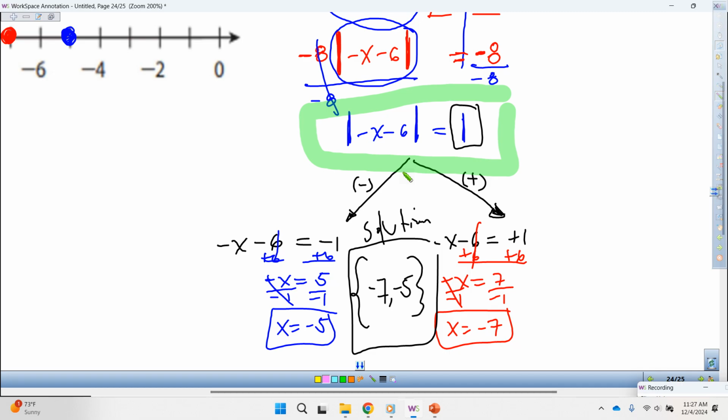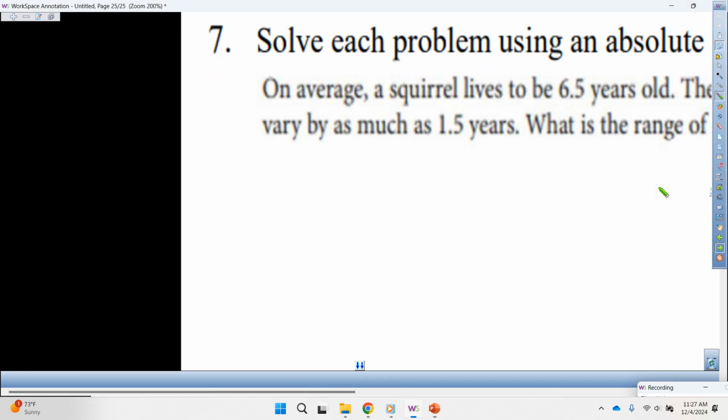Only one number. The 1. Hands up if you agree with that? Yeah, because we make it negative here and a positive here. Yes? Okay. So that means that is the number that we need to think about when we set up our new absolute value for this one.